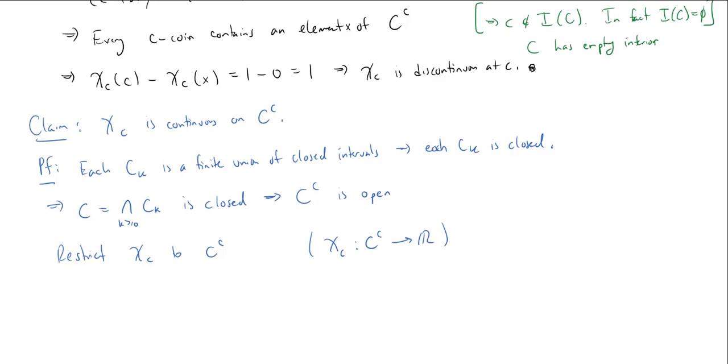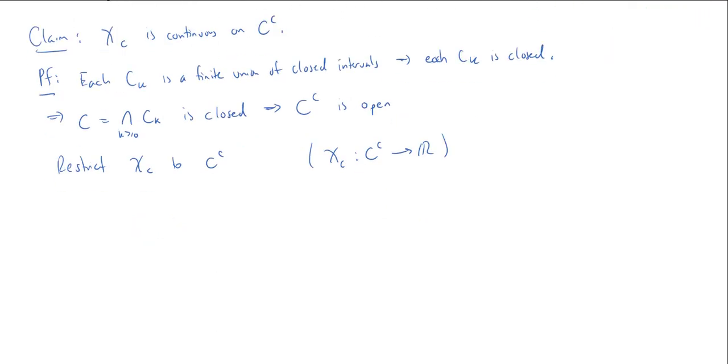All right. Now, what if I take the preimage of any open set in R? Well, if that open set does not contain 0, then you're not getting anything. Because what happens when we apply chi-C to C complement? We're not really getting all the real numbers here, are we?